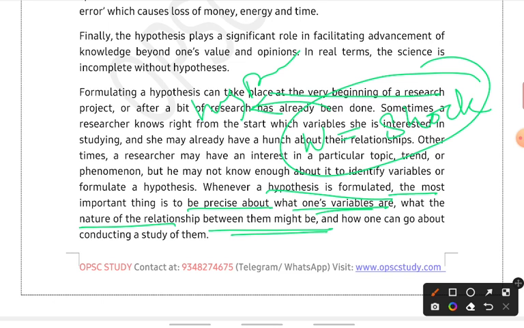Because what happens, let's take one example.